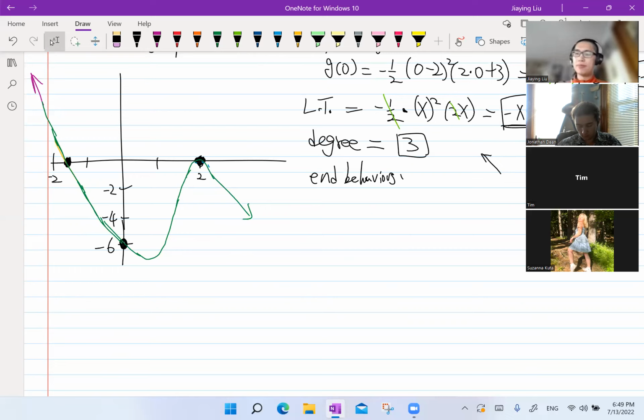Okay. All right, let me ask you, should we graph another polynomial function for practice? Does anyone want me to graph another example? I'll do that for you, but if no one wants to do it, that's fine.